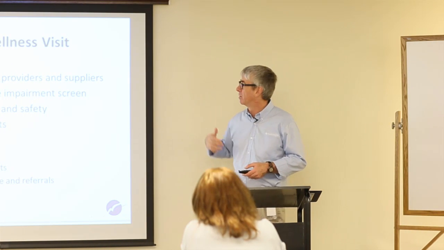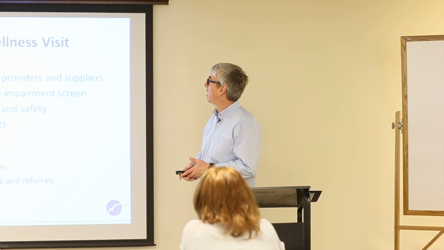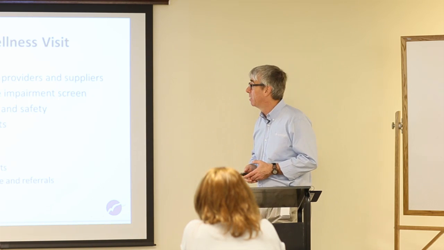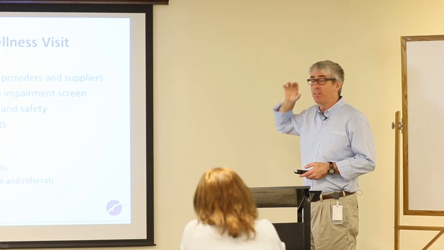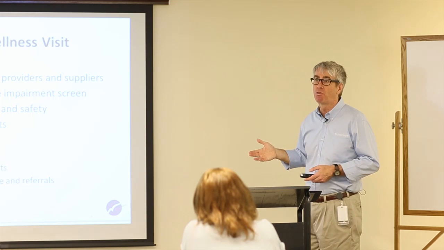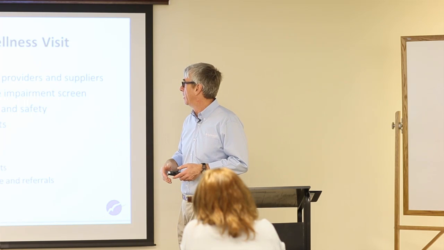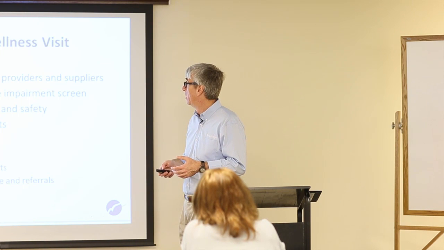A depression and cognitive impairment screen, which is a required element. Review of functional ability and safety, so if one's at risk for falls, or having trouble with the sorts of things that people need to do to keep themselves healthy.